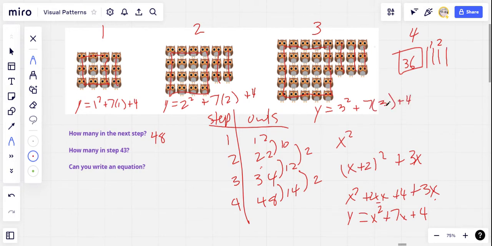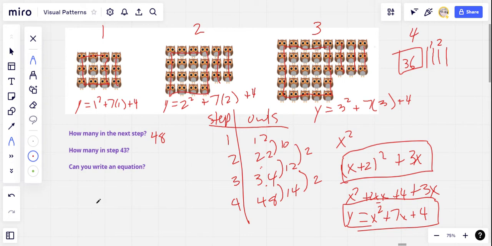So that'd be 9 plus 21, but that'd be 30 plus 4, 34. Aha. So this looks like an equation that works. We could write it this way. I think I'm going to write it this way because it reflects what I see a little bit more accurately. They're both the same thing. Either one would be correct. So x plus 2 quantity squared plus 3x.